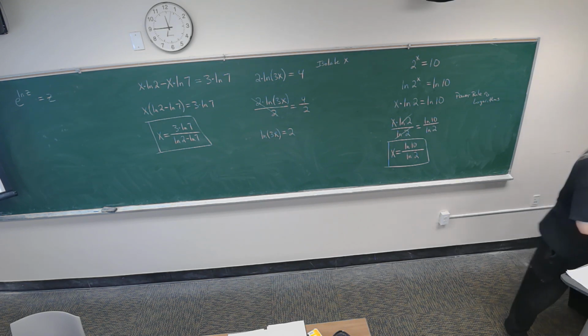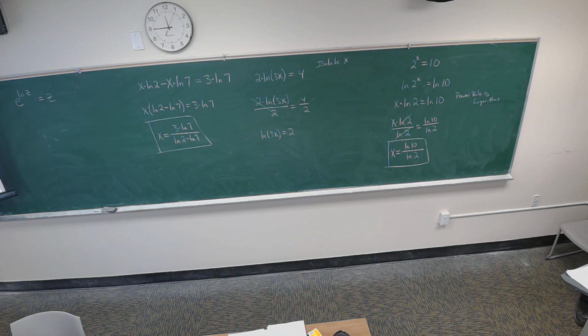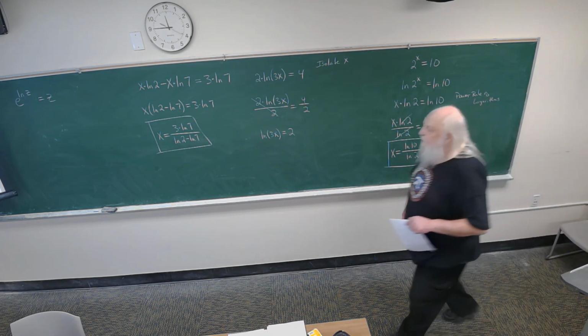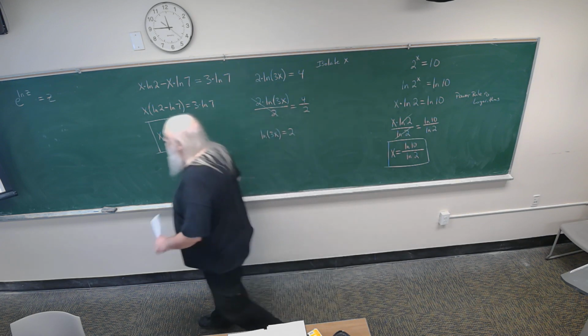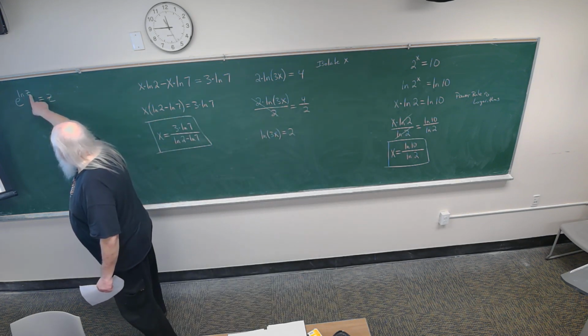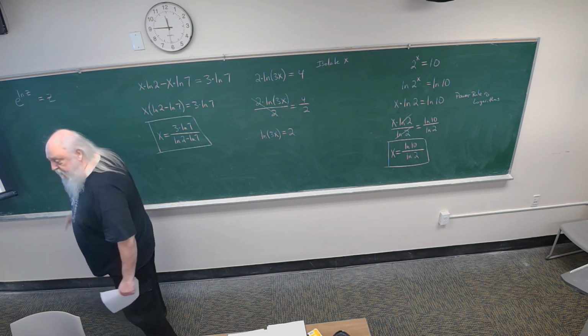This is from 5.2, bottom of page 3. e raised to the natural log of x is just x, the argument going into the natural log function. So instead of x, I use z as my dummy variable. So e raised to the natural log of z is just equal to the argument going into the natural log, z. Okay.